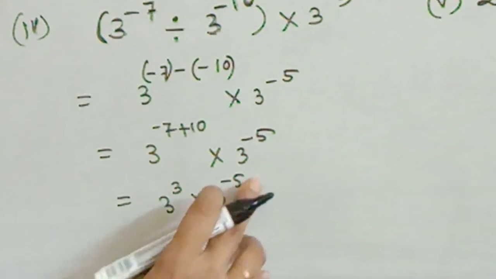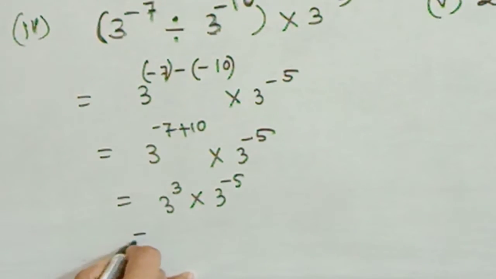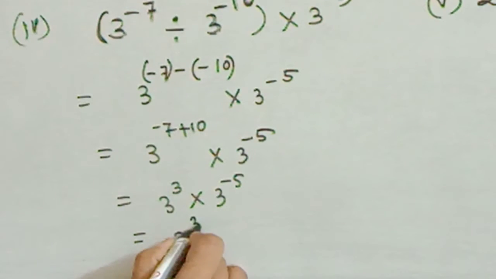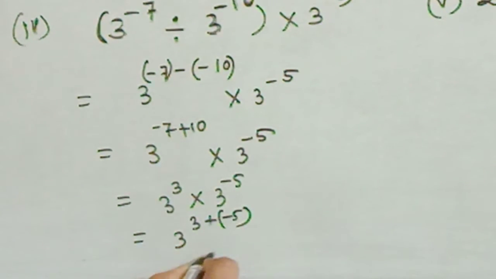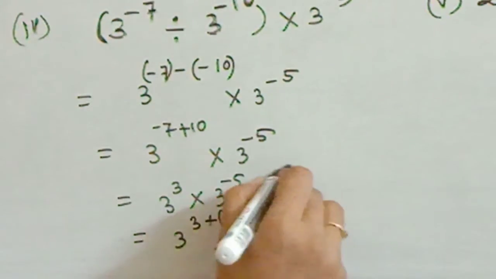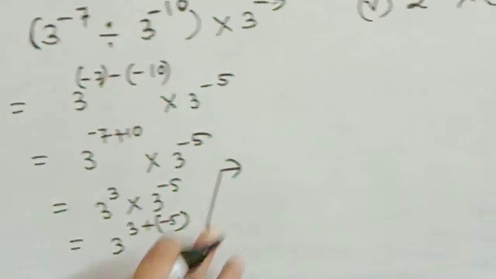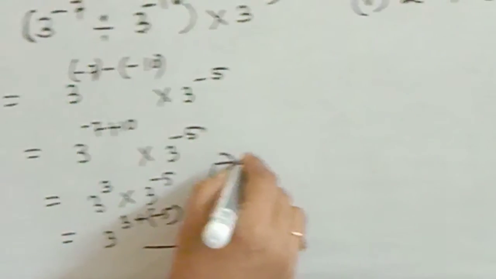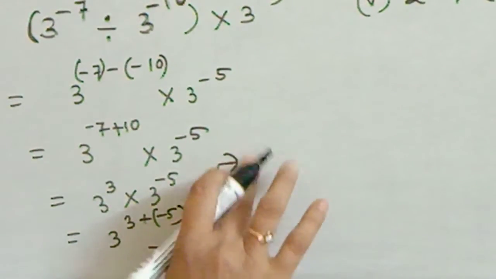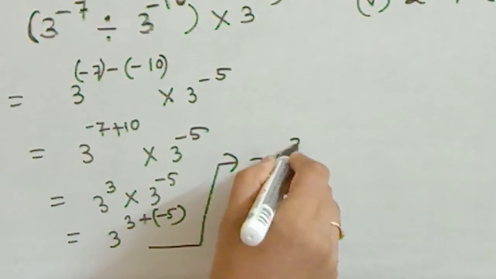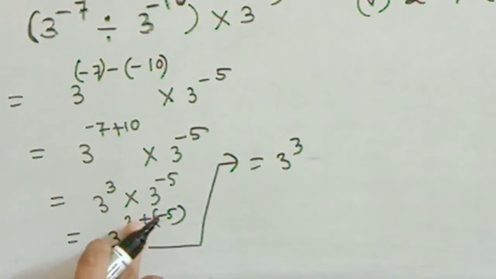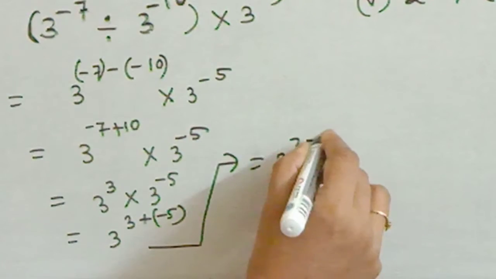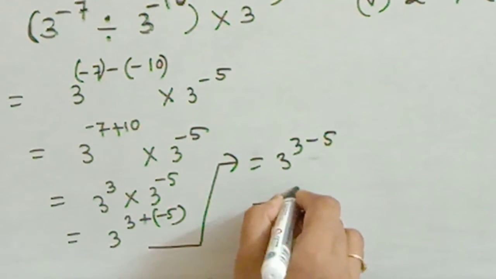Again the bases are the same, the powers are different. So what you can do, 3 to the power 3 plus minus 5, that is 3 to the power minus 2.